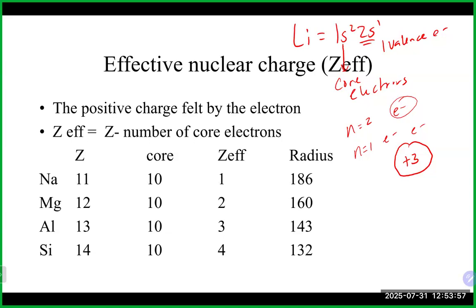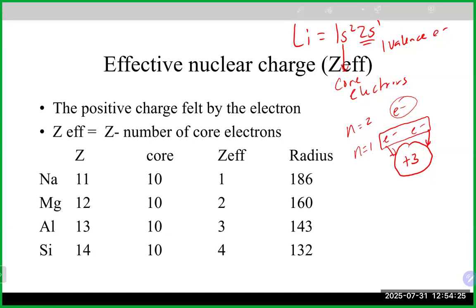And one of the ways that those are stronger is if you have a higher positive and negative charge, it will be held tighter than if you had a lower positive or negative charge. So if we look at the lower energy electrons, they feel the full brunt of the positive 3 attraction. So they're going to be held really, really tight, which is why they are the core electrons.